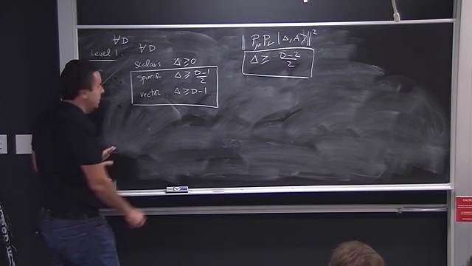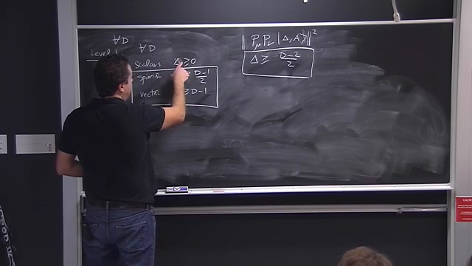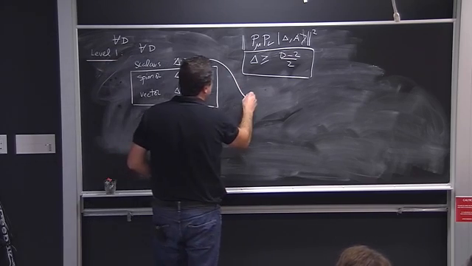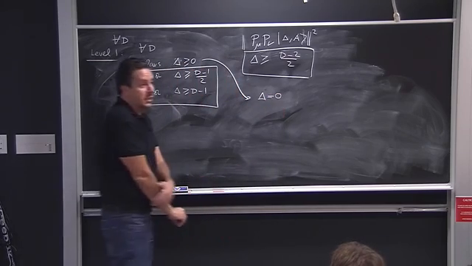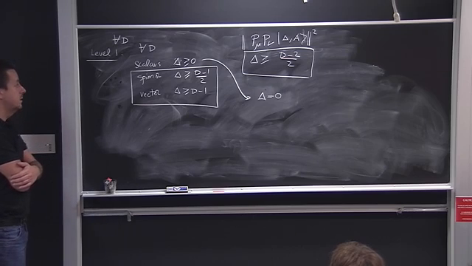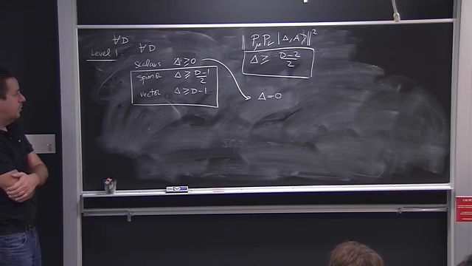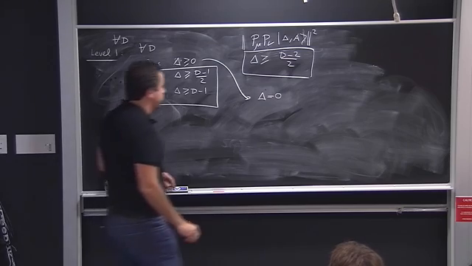First of all, before we go there, so let's go here. I can have delta equals 0. This is a bound that came from level 1 analysis. Can we say something about the operator that created this state?